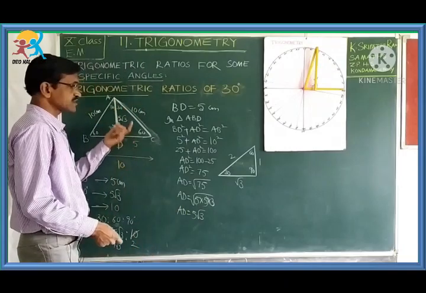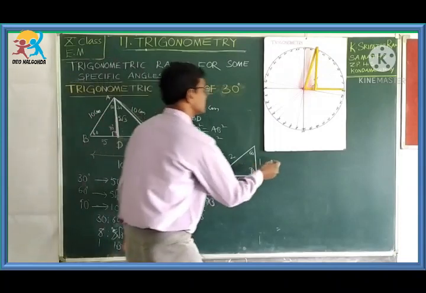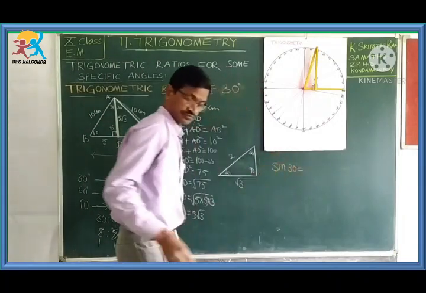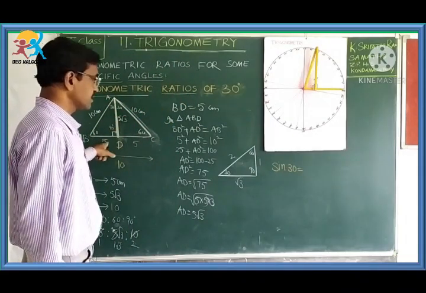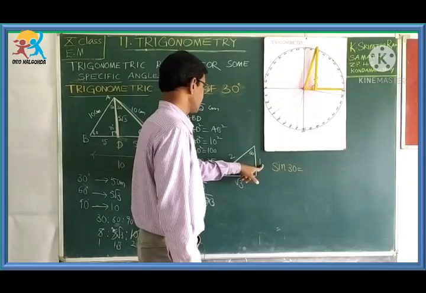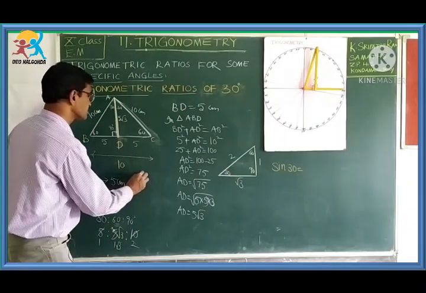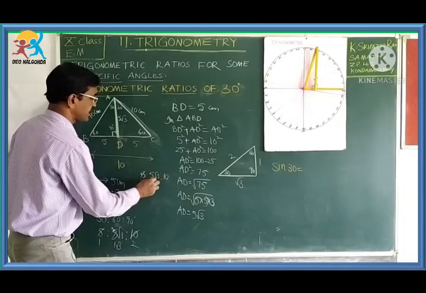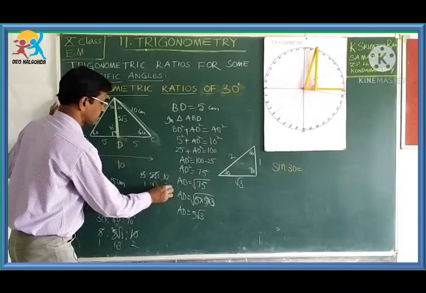So here let us find the ratios of the sides. Sin theta, sin 30 degrees: 30 degrees opposite is 5, or here 30 degrees opposite is 1. We find the ratio of the sides: 5 root 3 and 10, that is 1, root 3, 2.